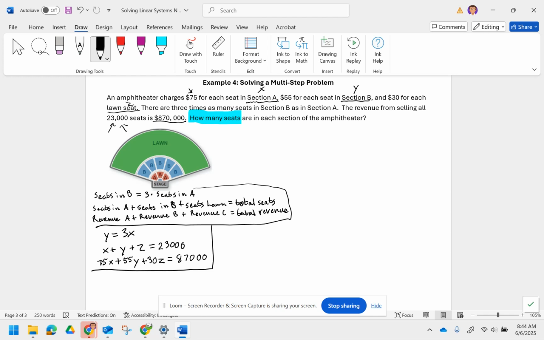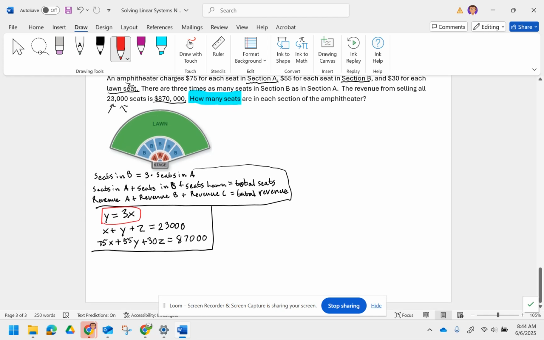Now, different from the way we did it last time using elimination each time, I'm actually going to use substitution. Right here, I have a nice little equation that tells me y is the same as 3x. So I'm going to take my other two equations and replace y with 3x. Okay, so let's do that.